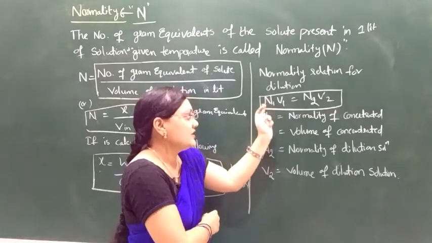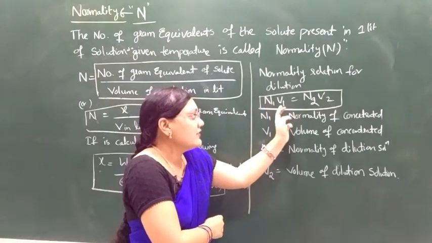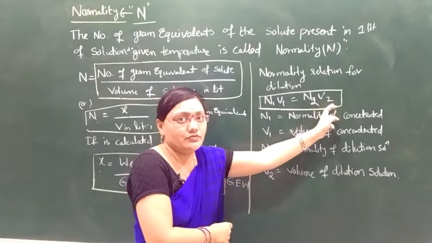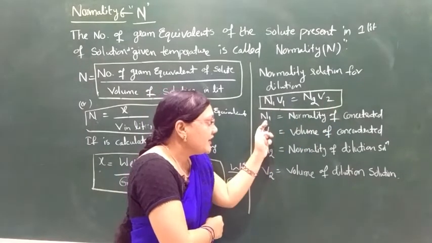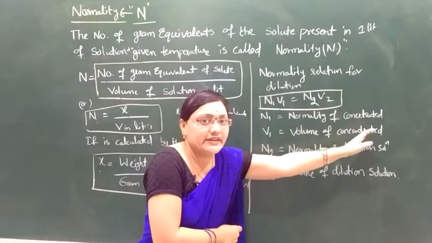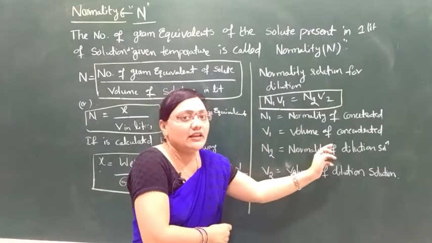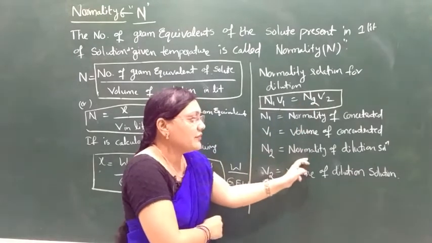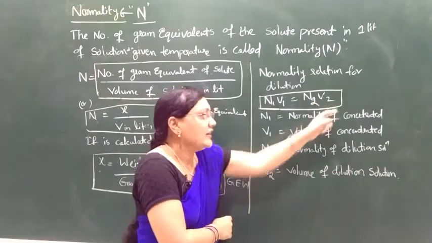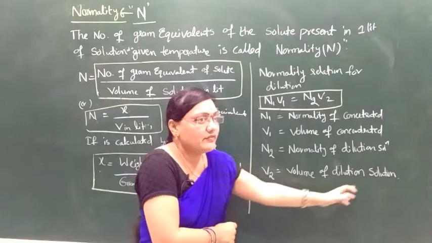Next, the normality relation for dilution reactions. The dilution is calculated by N1V1 equal to N2V2, where N1 is normality of concentrated solution, V1 is volume of concentrated solution, N2 is normality of dilute solution, and V2 is volume of dilute solution.